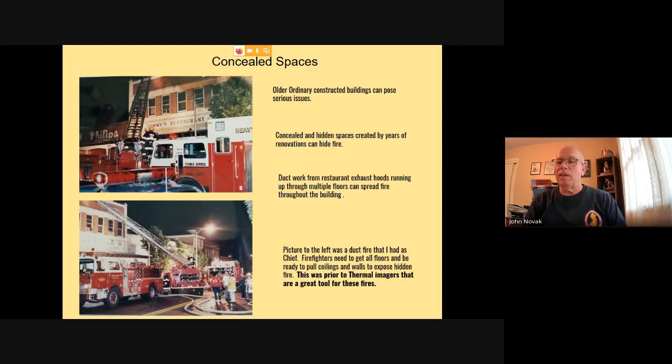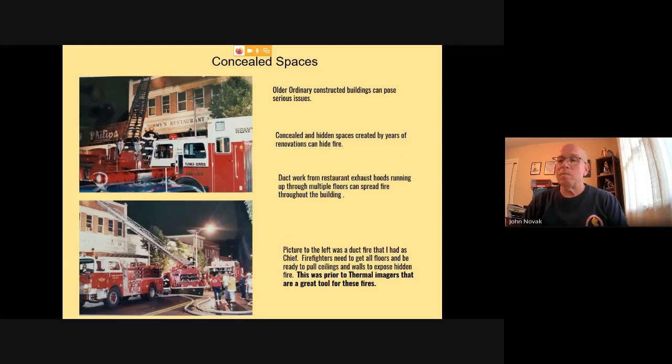Our firefighters need to get to all floors and be ready to pull ceilings and walls to expose hidden fire. This was prior to thermal imagers, which are a great tool for those fires. Prior to thermal imaging cameras, we used feel, sight, smell, and pulled ceilings and walls.